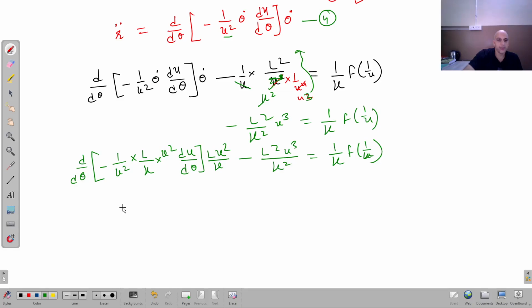So you can cancel out the things which are getting cancelled. Here you can see in this equation u square cancelled.